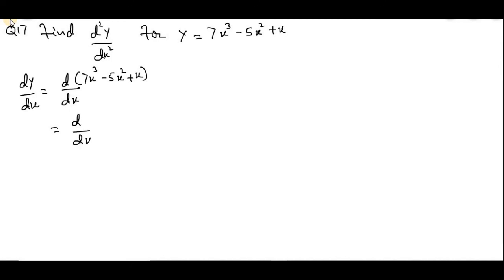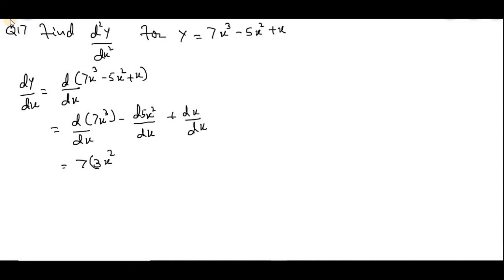Again applying sum and subtraction rule here. d by dx of 7x cube minus d by dx of 5x square plus dx over dx.